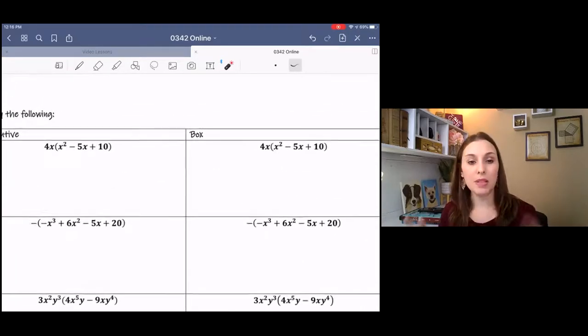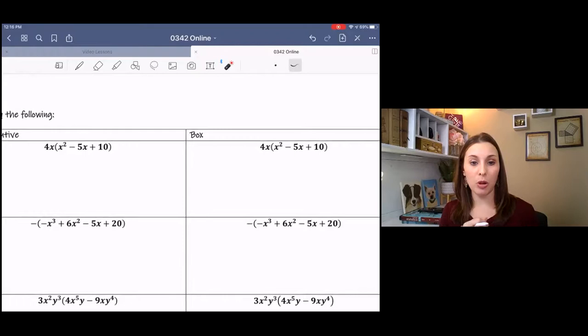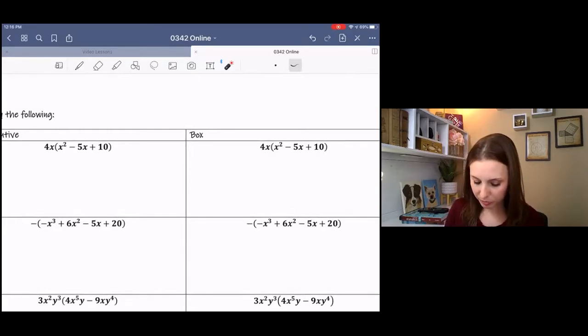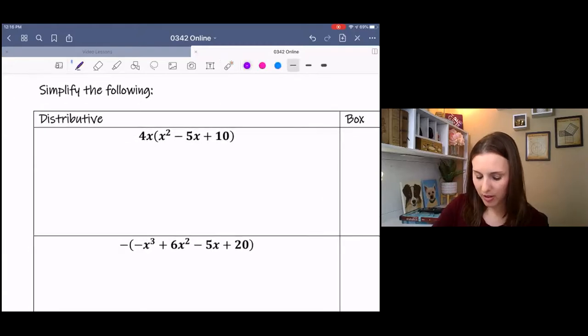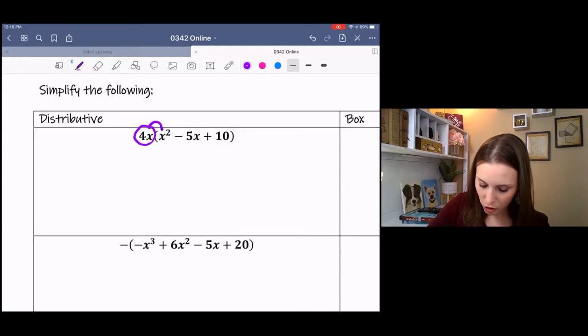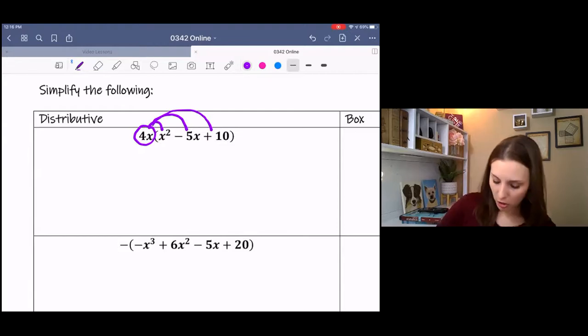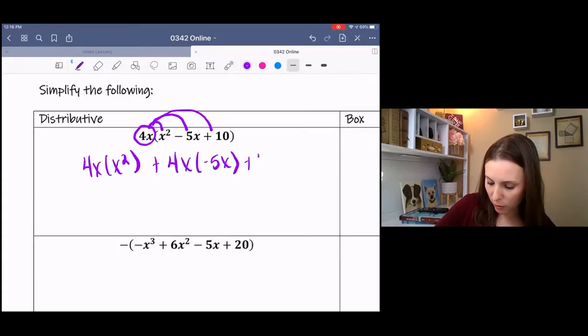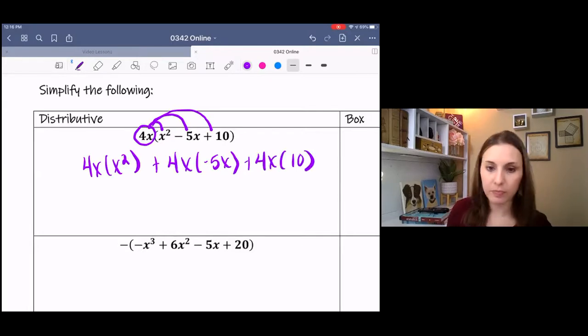These are actually the same examples side by side. This is similar to my adding polynomials. I have two methods to show you here. They're both going to get you the same answer, so it really doesn't matter which method you choose when you're working on your own. The distributive method is like the umbrella method. You're going to take this and distribute it to each term, which means 4x times x squared, 4x times negative 5x, 4x times 10.